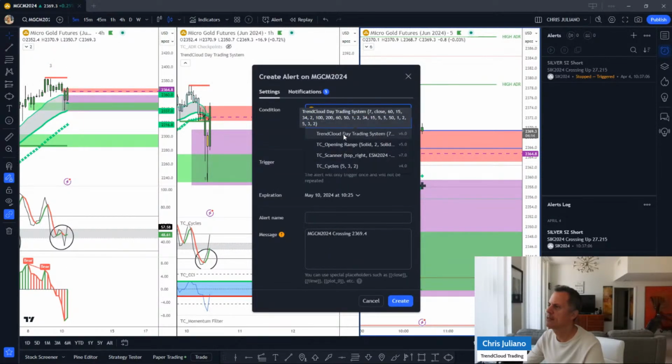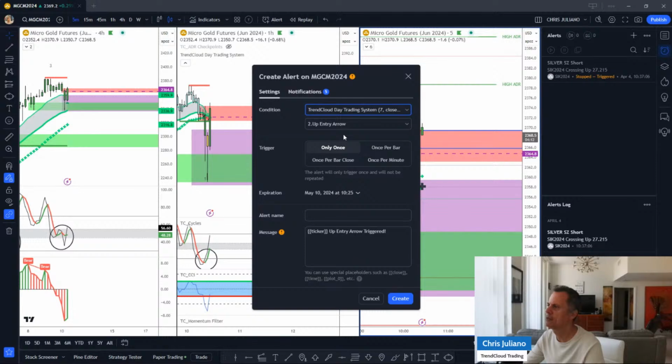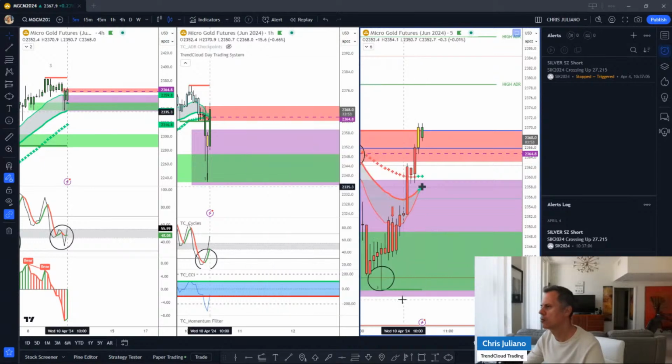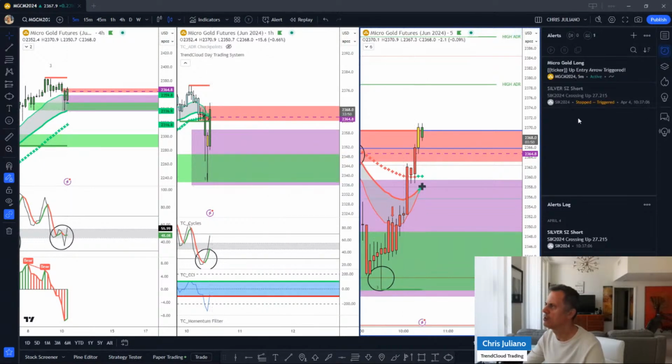Trend cloud right there. Click onto your trend cloud. Hit once per bar. And we want the up entry arrow. That's what we want to see. Micro gold long. Create. There it is. Active. Let's get rid of this.